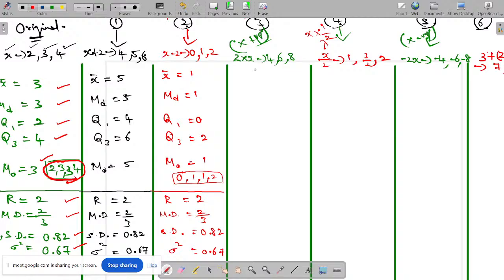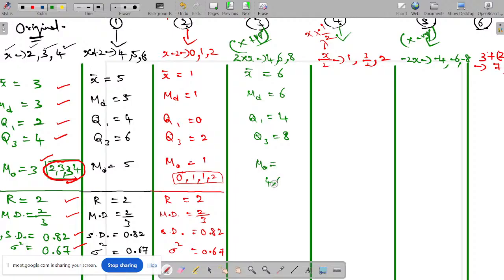Third case, if over, give me the answers. X bar is 6, median, quartile 1, quartile 3. Okay, mode.